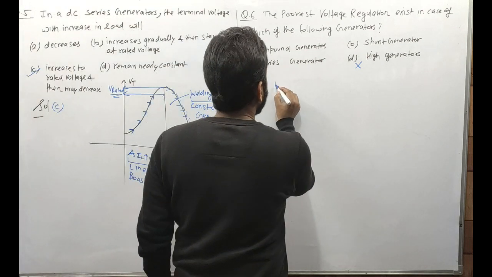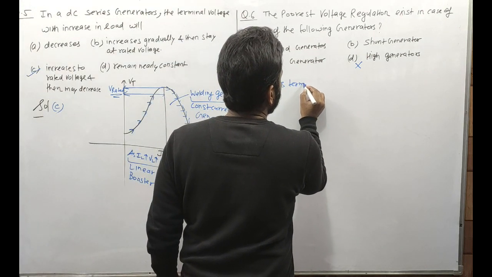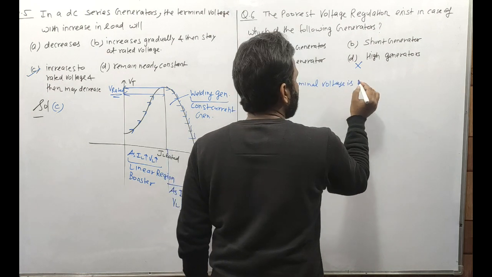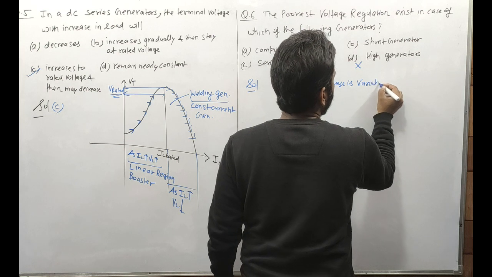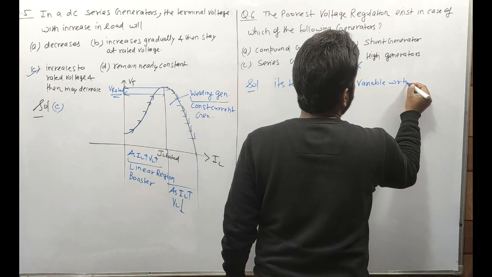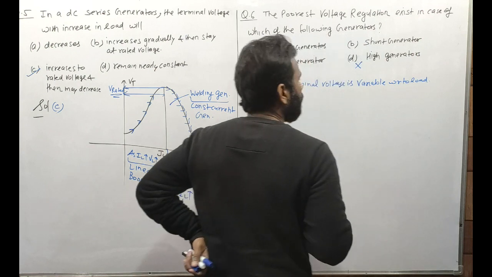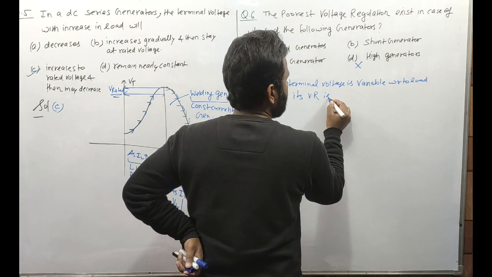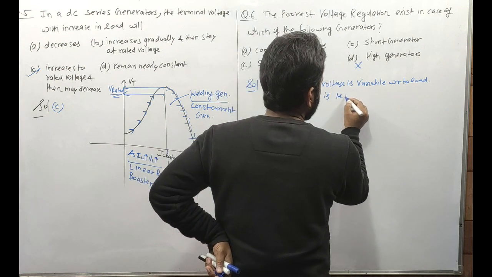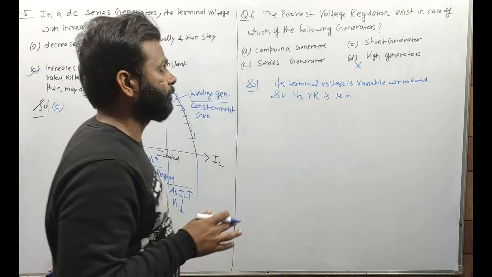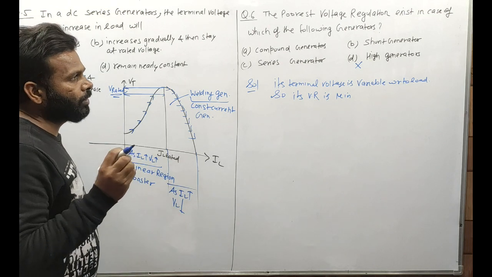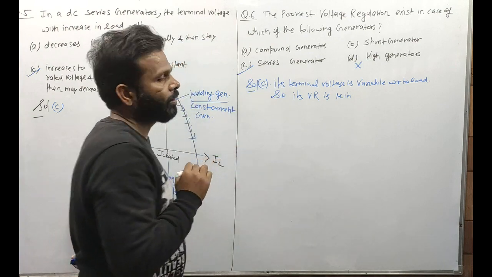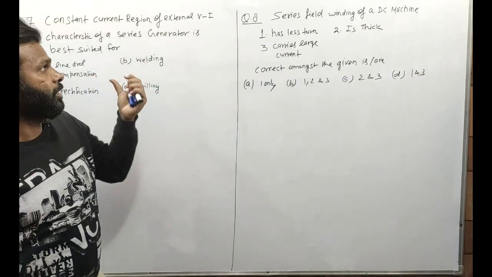So its terminal voltage is variable with respect to load, so its voltage regulation is minimum. It is not providing the constant voltage regulation. So for this question, the correct option is C. Clear है? Next question देखते हैं 7th और 8th.